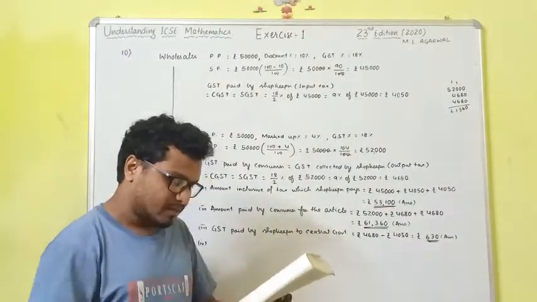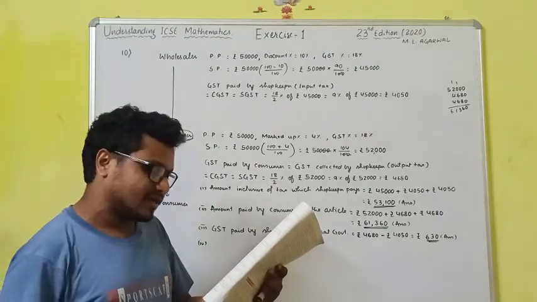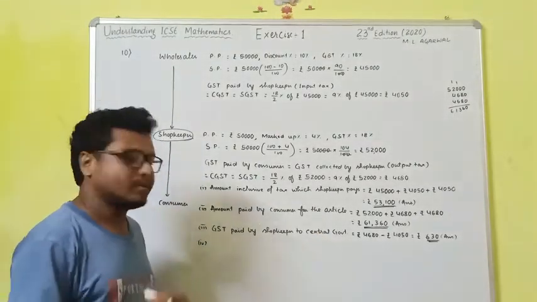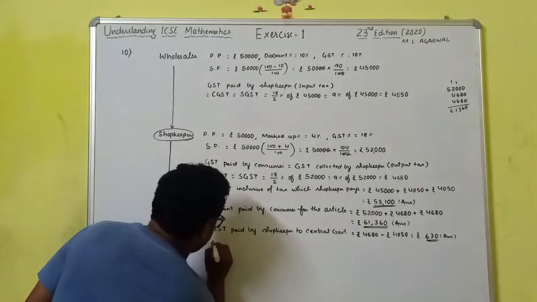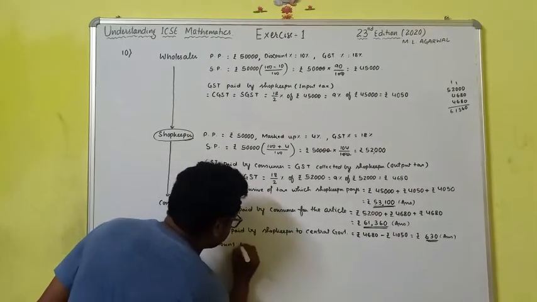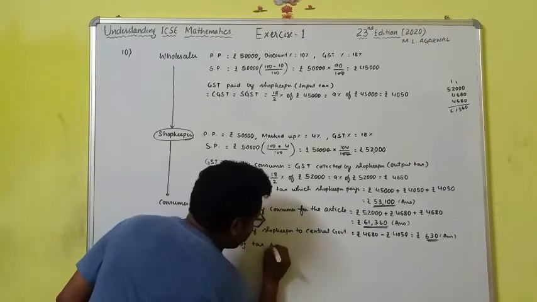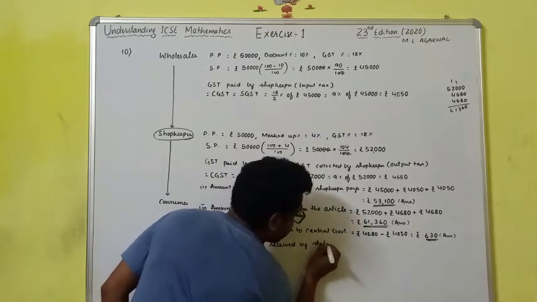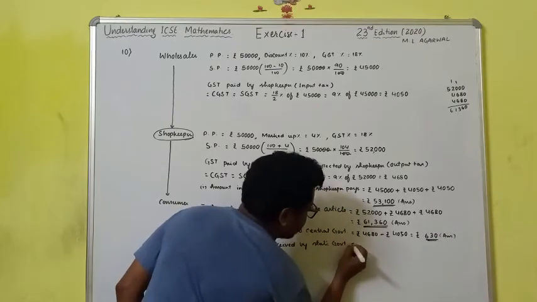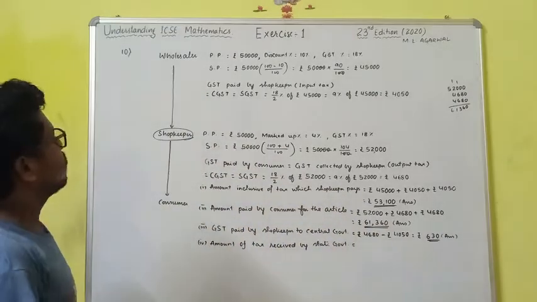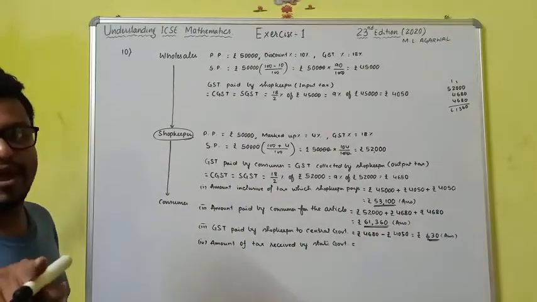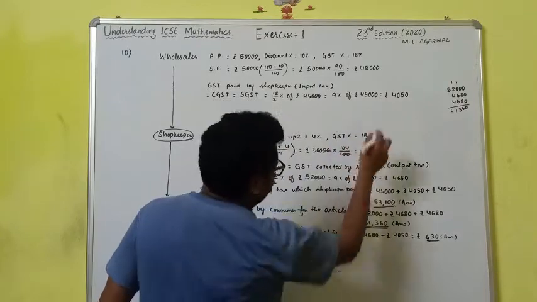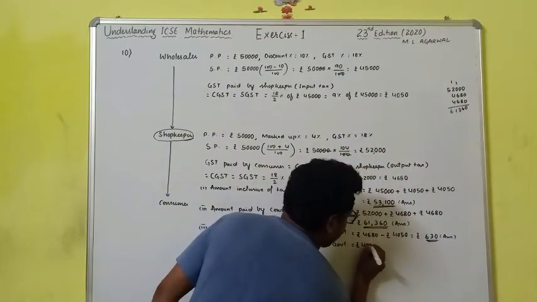Bit number 4. What is your 4? Amount of tax under GST received by the state government. How much he received? Here, first we have to calculate the amount of tax paid by the shopkeeper, which is 4050.